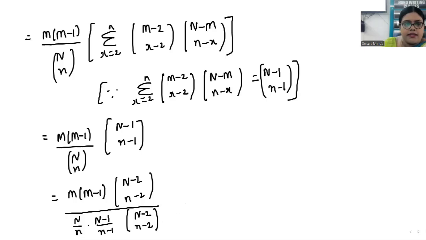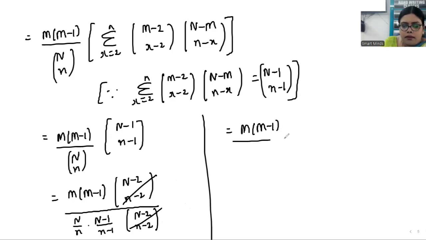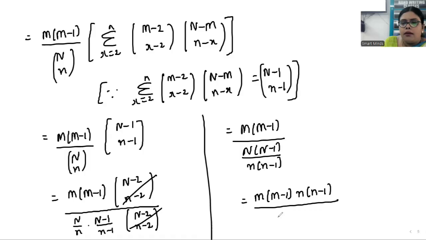So here we can cancel this. These two we can cancel. So what do we get? That is equal to m into m minus 1 by N into N minus 1 by n into n minus 1. Now if you bring this denominator up, what will you get? m into m minus 1 n into n minus 1 by N into N minus 1. This is the formula for E of x into x minus 1.